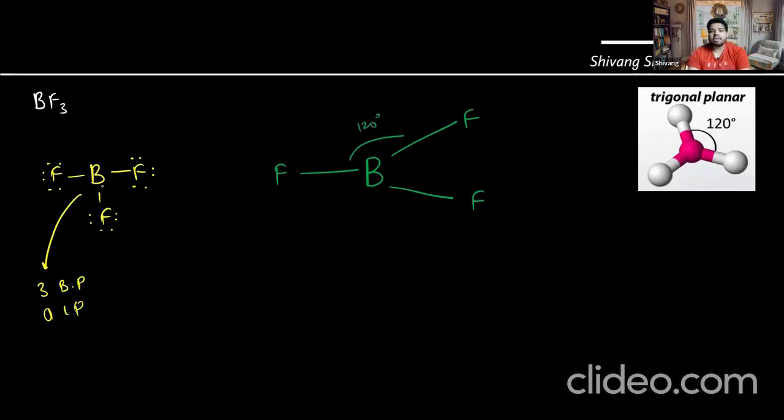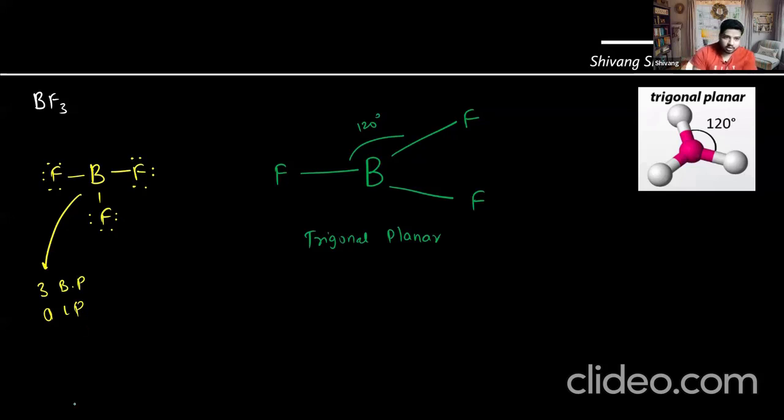Every angle has to be 120 degrees. This is called trigonal planar. And why are we keeping it at 120? Because that's the best way of keeping these bond pairs at maximum separation from each other.